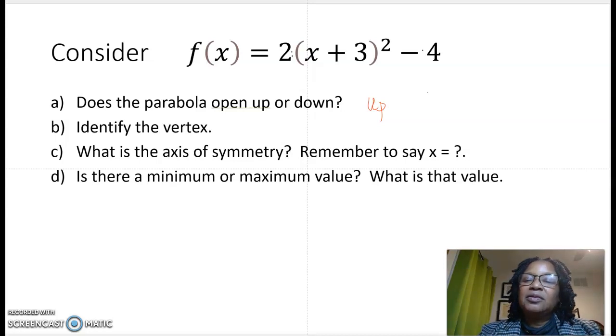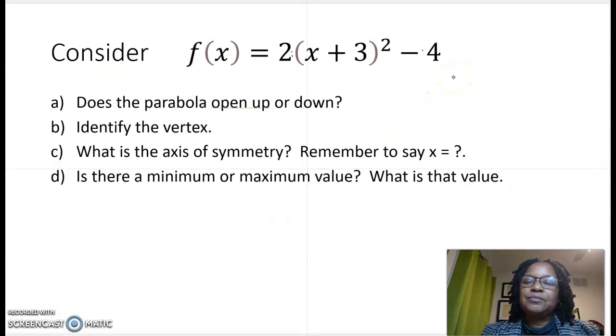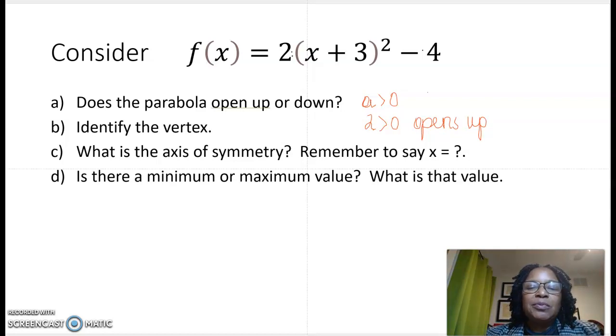Well, since a is positive, that means that this graph is going to open up.